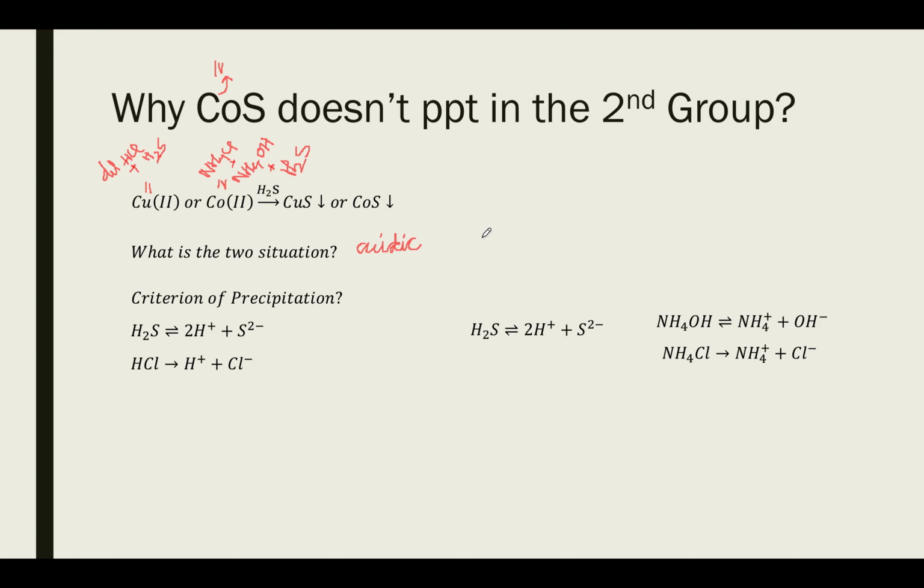This is the reaction condition for a group 2 cation. And what is the reaction condition for a group 4 cation? This is basically a basic condition.